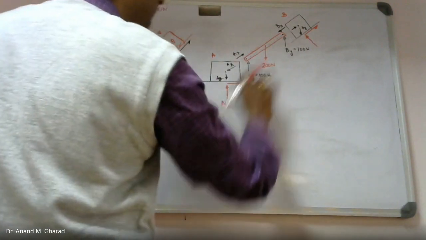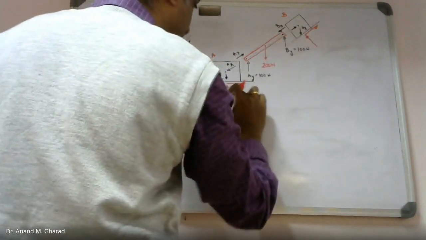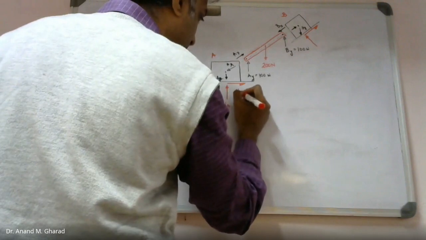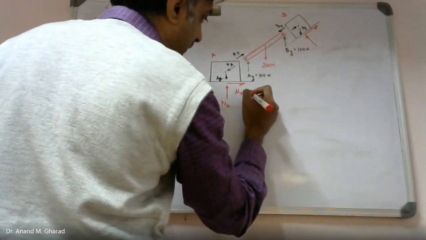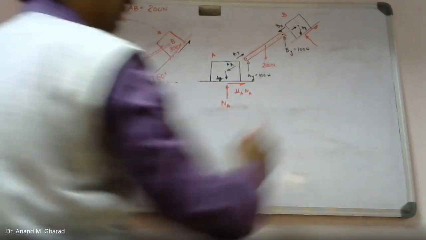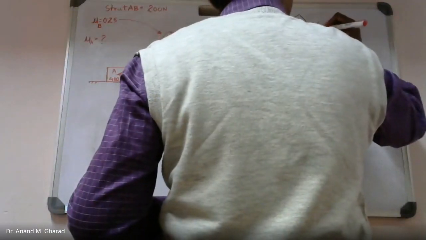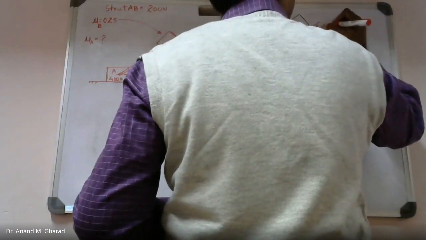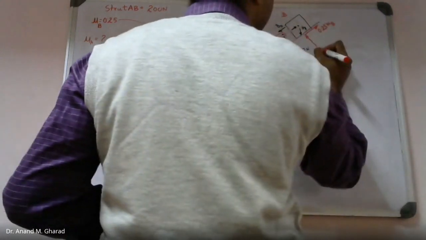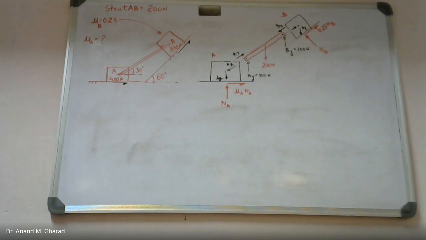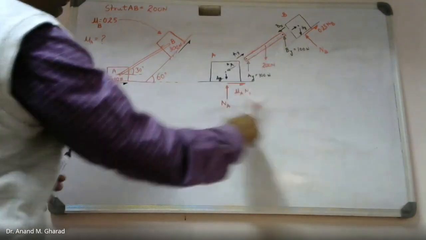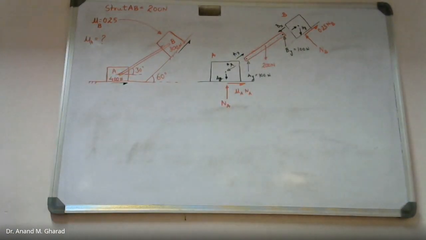No, under B it is given, whereas under A it is yet to be found out. So this is mu A times Na. Whereas over here this is 0.25 and the B. Is this okay?